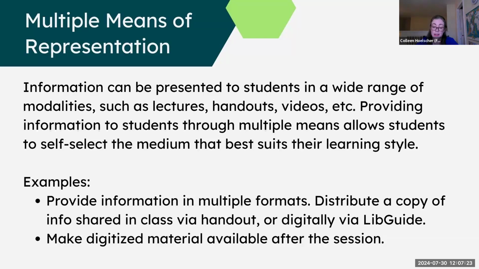Digitizing primary source material used in class allows them to further examine the items on their own time, and it can also facilitate the use of assistive technologies. So students with vision impairment can use their computer to zoom in. Students can use screen readers if it's something that works with that.